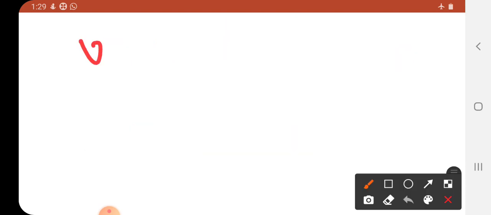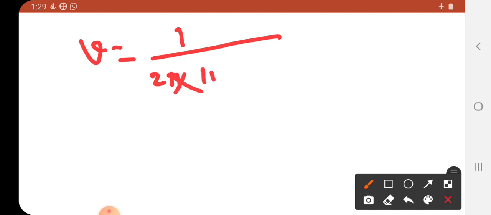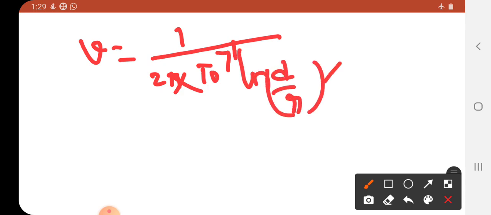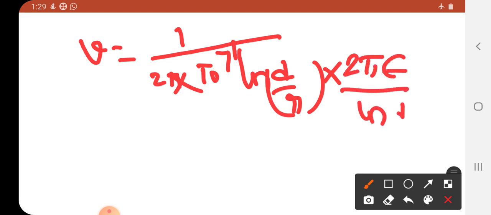This V is equal to 1 by square root of 2 into 10 power minus 7 ln d by r, and similarly 2 pi epsilon by ln d by r.